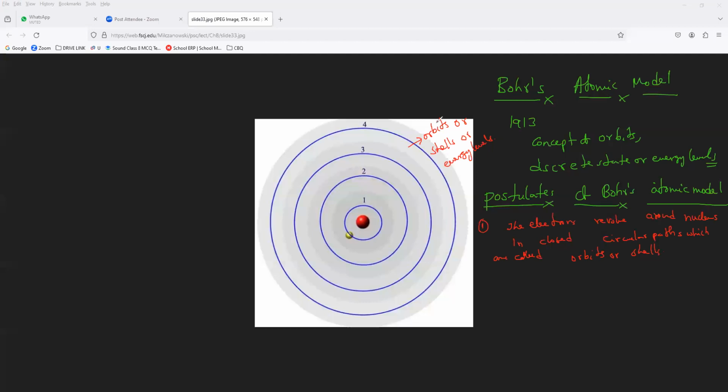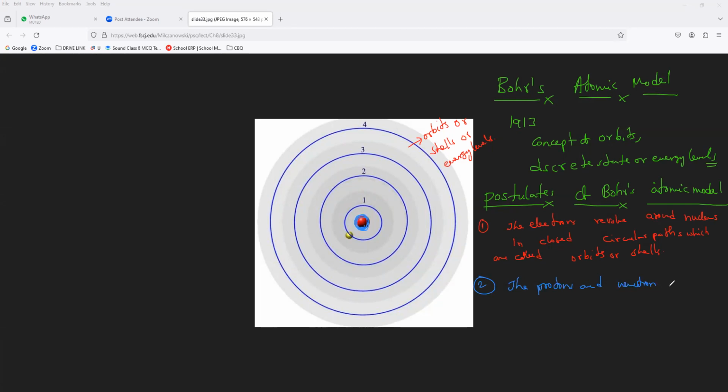That is the second postulate of Bohr's atomic model. So what is the second postulate, everybody? The protons and neutrons are present where? In the nucleus. Please all of you remember.